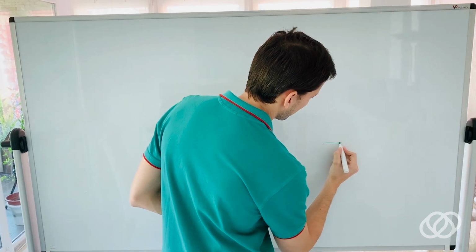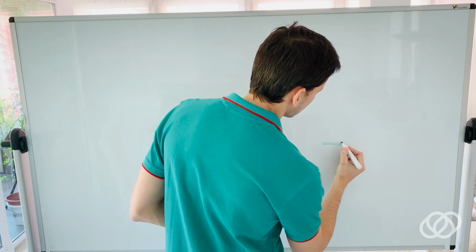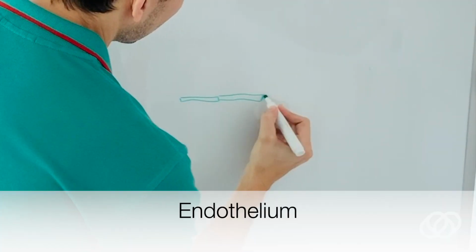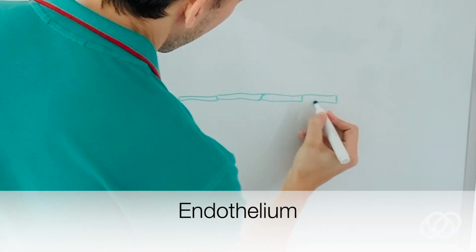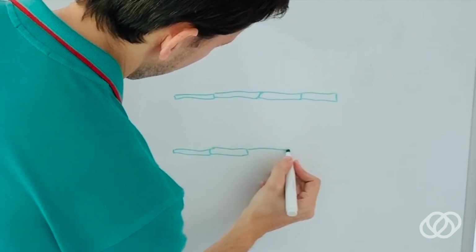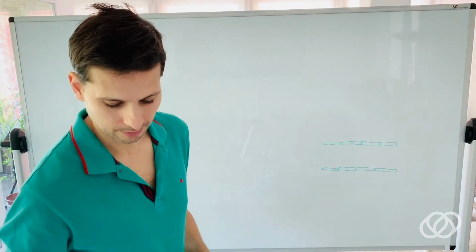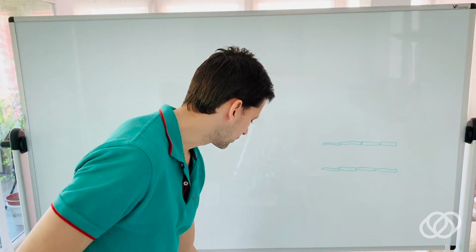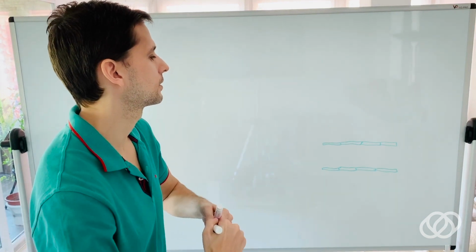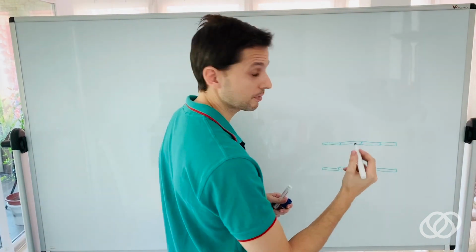Okay, so first of all, we have the inner layer, that is the endothelium. Below this inner layer, below the endothelium, we are going to find some connective tissue, mainly collagen and fibroblasts.